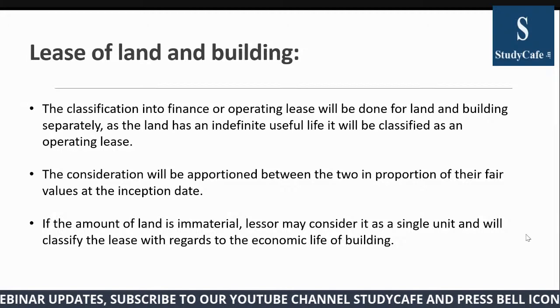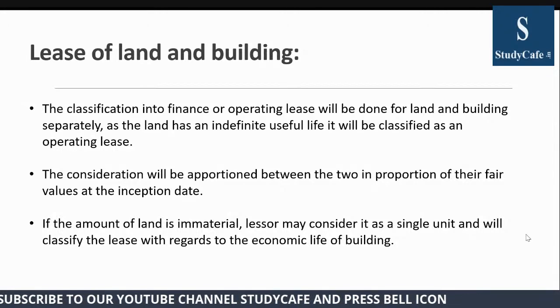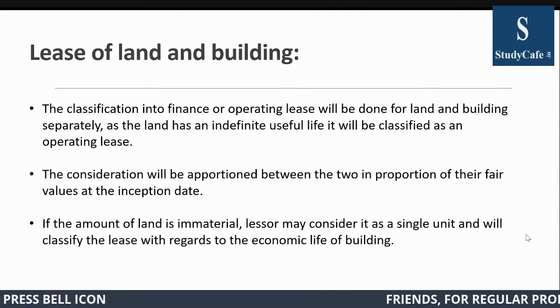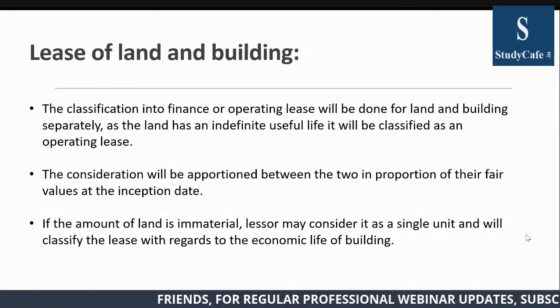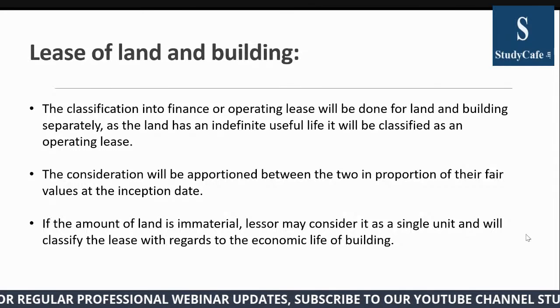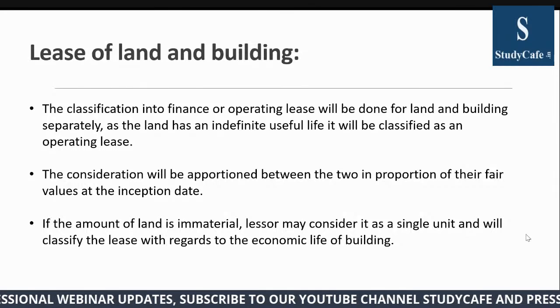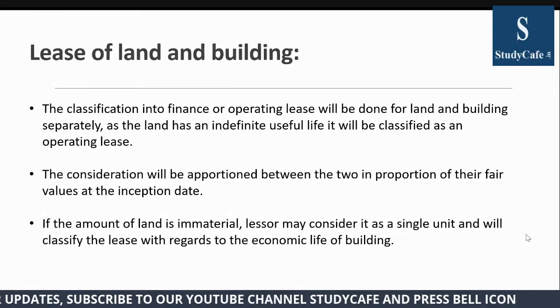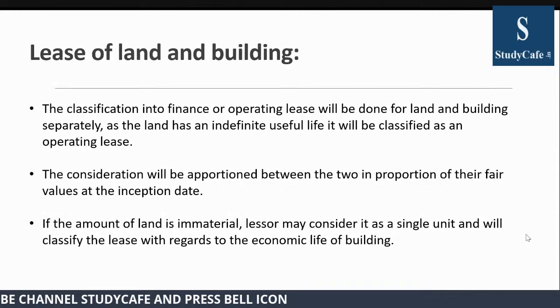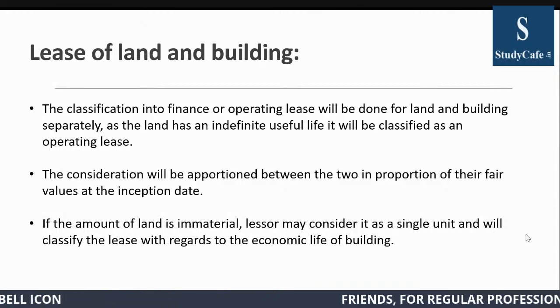In that case, the standard has made it clear that the classification will be done separately. So the land and building will be separated. The consideration will be apportioned between these two components in proportion of their fair values at the inception date. The land part will be considered as an operating lease, because land has an indefinite useful life, right?